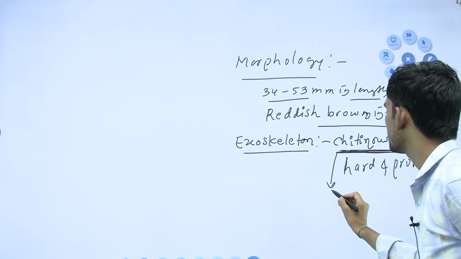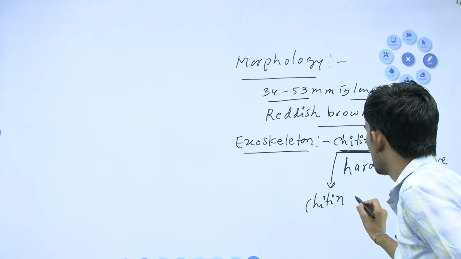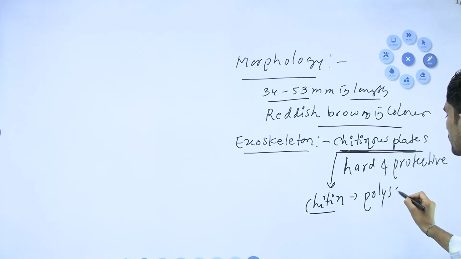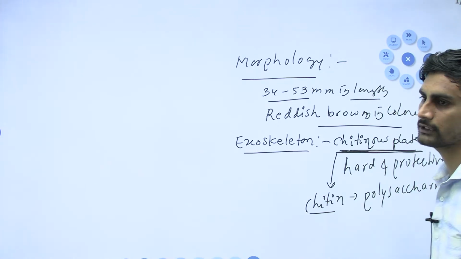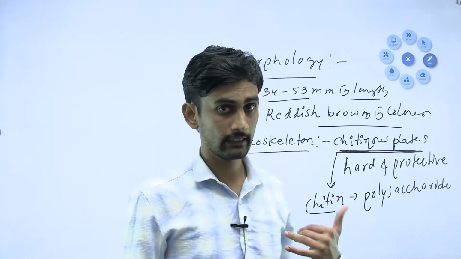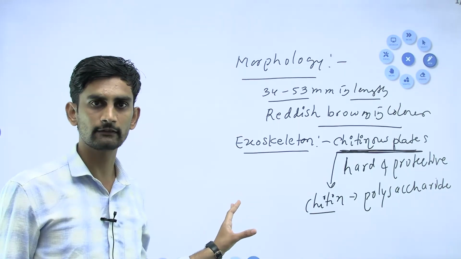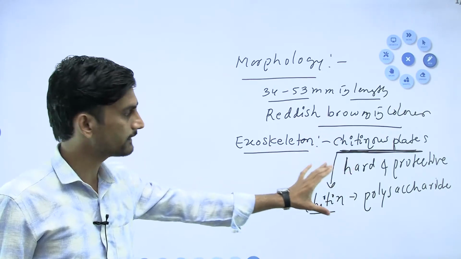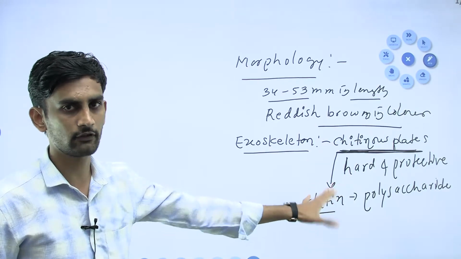Chitin is a type of polysaccharide. Underline this. When you study external morphology, color matters, but mainly concentrate on the exoskeletal structure, the chitinous plates made up of chitin, a polysaccharide.